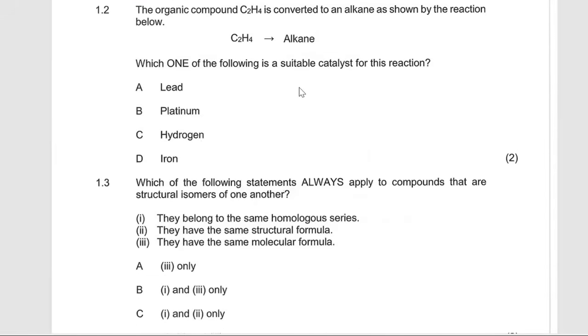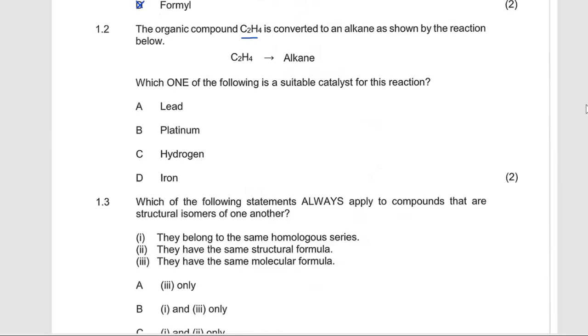Then moving on to 1.2, it says here, the organic compound C2H4 is converted to an alkane as shown by the reaction below. Which one of the following is a suitable catalyst for this reaction?